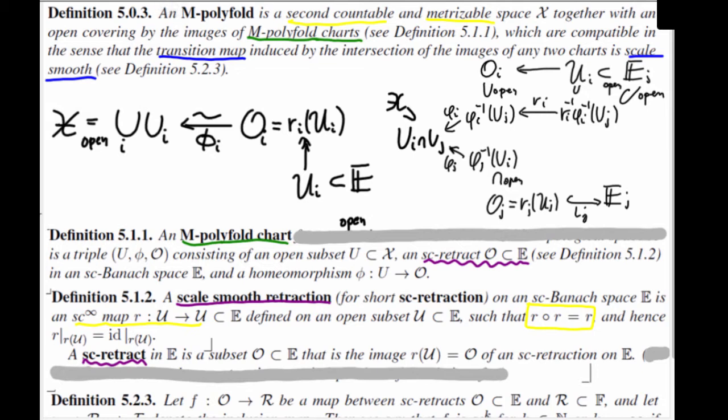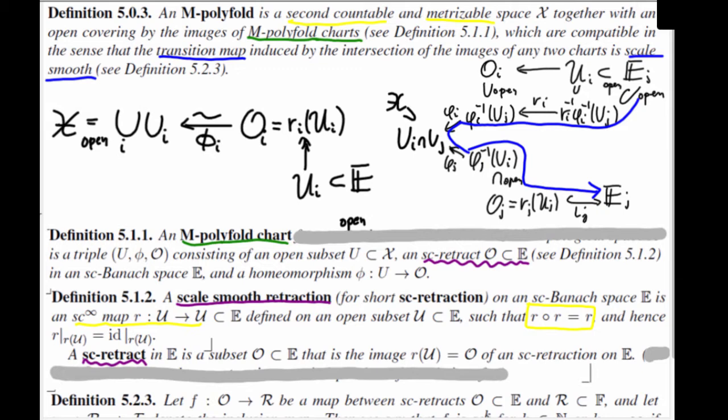So now I can actually produce a transition map. Well, the transition map really is this thing here. But I'm going to extend it through Ri, as a map from this open set to that open set, which I am going to include into Ej.